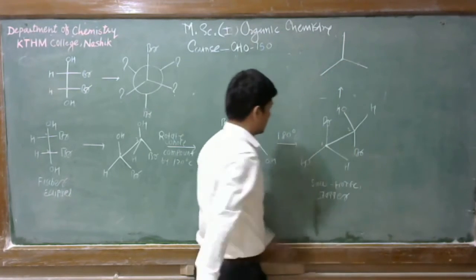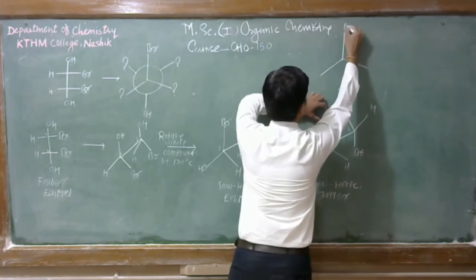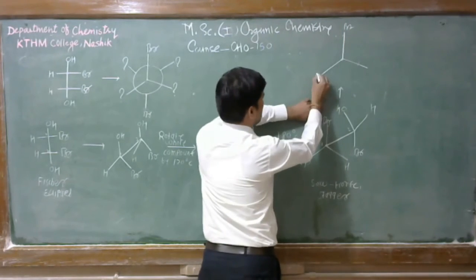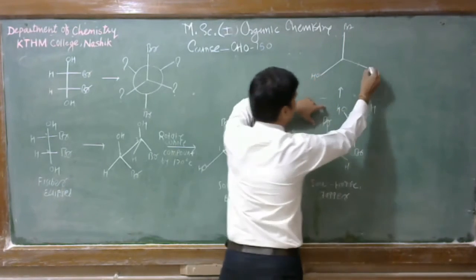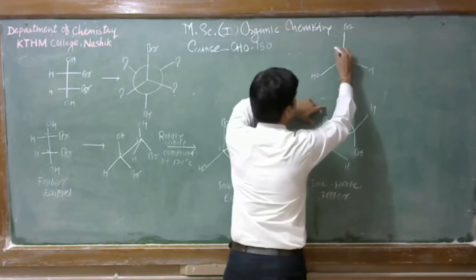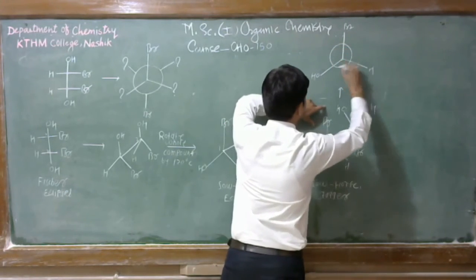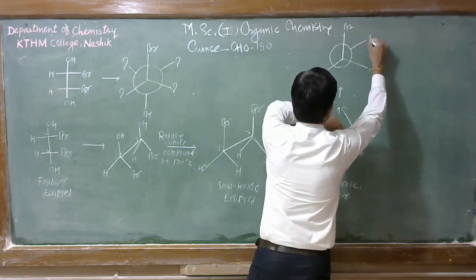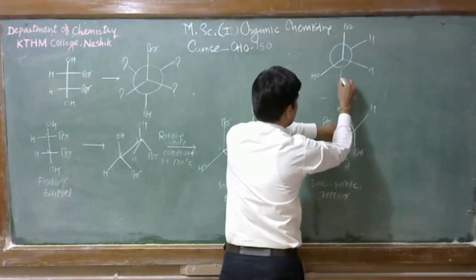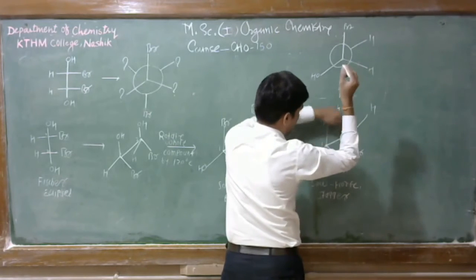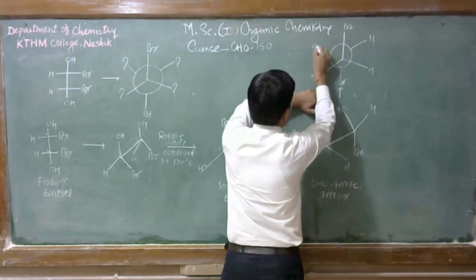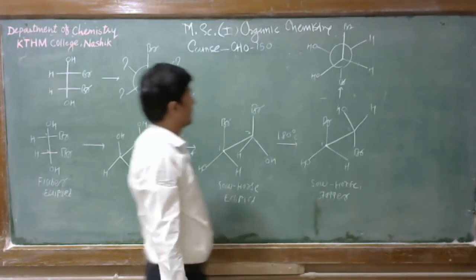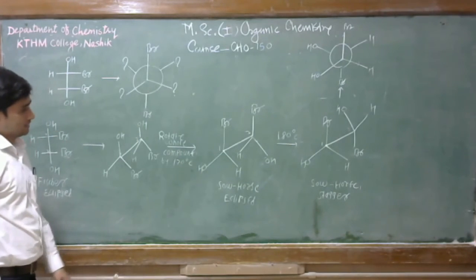In the front carbon atom, the bromine is here, the hydrogen is here, hydrogen is here, and this is the rear carbon atom. And in the rear carbon atom, the hydrogen is here, the bromine is here, and the hydrogen will be here.